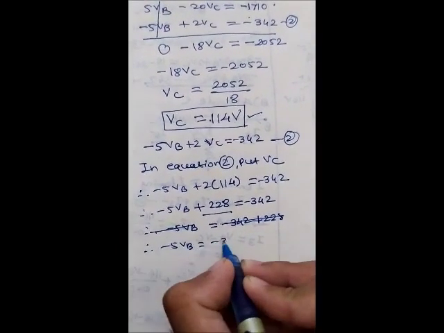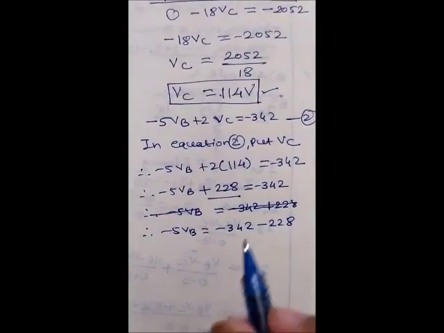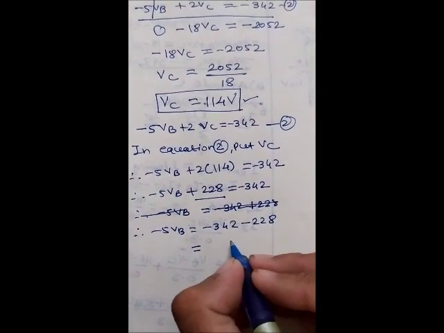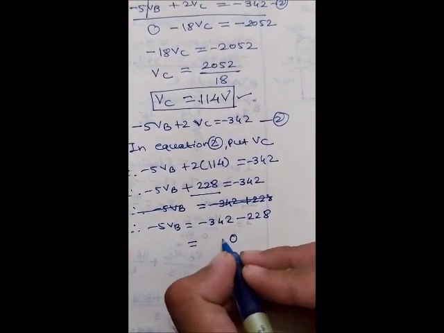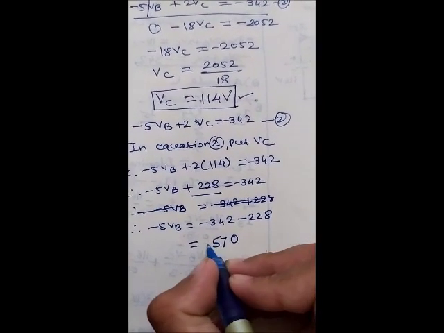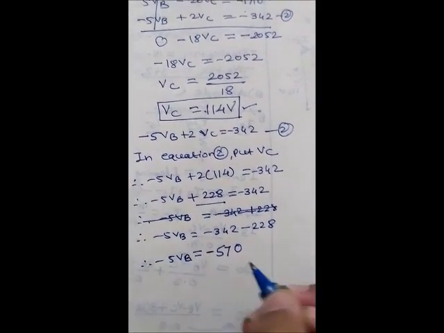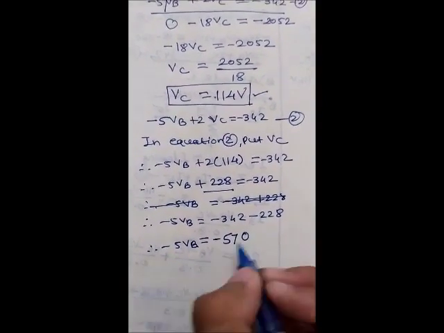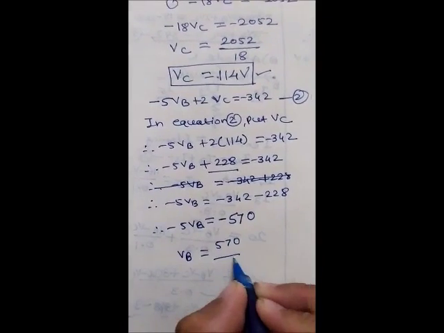Add this: 8 plus 2 is 10, 0 carry forward 1, 4 plus 2 is 6 plus 1 is 7, and this is 5. Again minus, therefore minus 5VB is equal to minus 570. Minus minus will get cancelled, so VB is equal to 570 divided by 5.